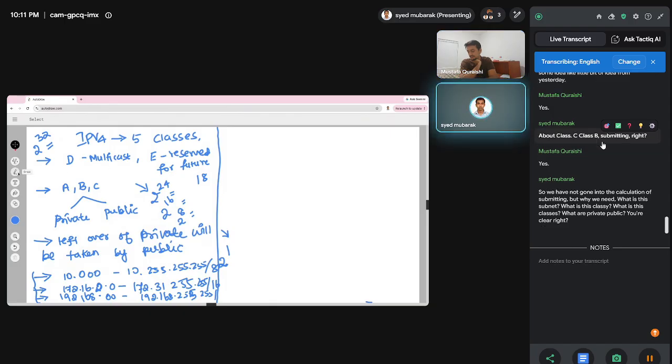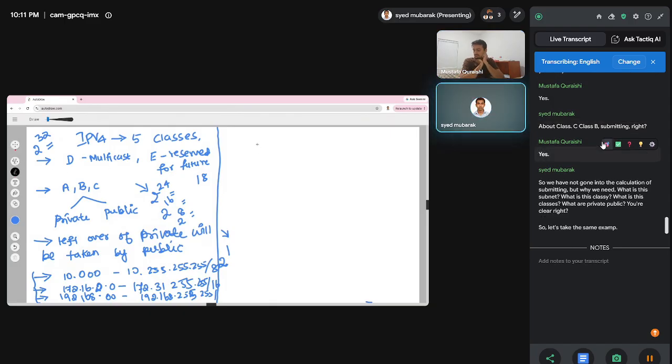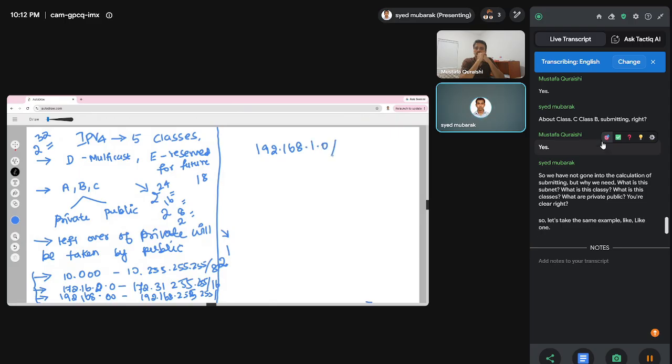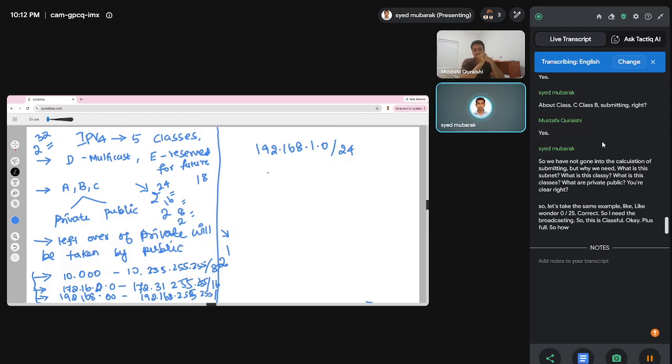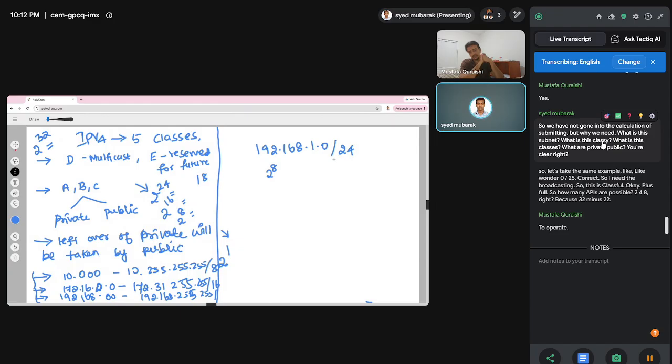So let's take the same example, 192.168.1.0/24. I need the broadcast ID. So this is classful. How many IP addresses are possible? 2 power 8, because 32 minus 24 is 8.